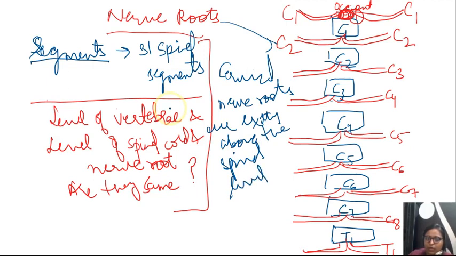It's very easy. If I ask you from where your C1 nerve root is exiting, you have to say between your occiput and C1. So it is above the level. The C1 nerve root is above the C1 vertebra.